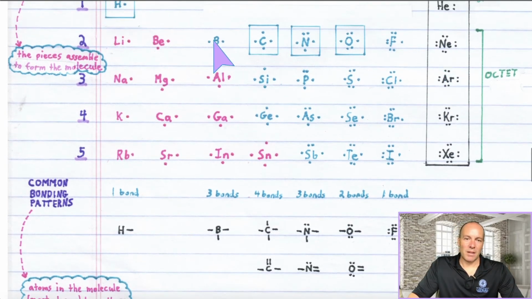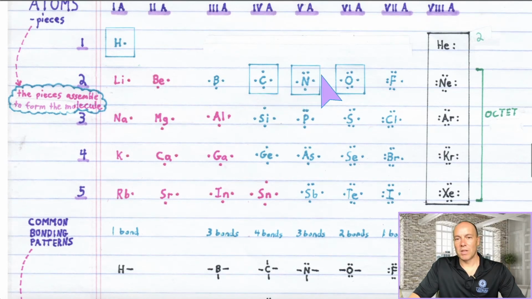Now boron, with its 3 unpaired electrons, wants to form 3 bonds. And so boron's also an exception to the octet. There are a couple of exceptions to the octet. So boron likes to form 3 bonds, and so you have 2, 4, 6 electrons total around the boron. Now carbon, nitrogen, oxygen, and the rest of them pretty much will always form an octet.